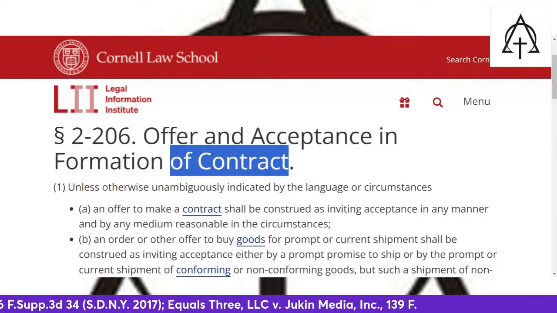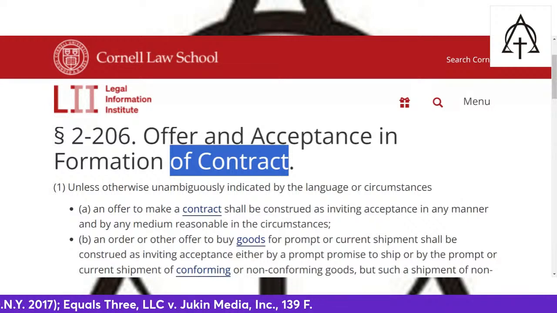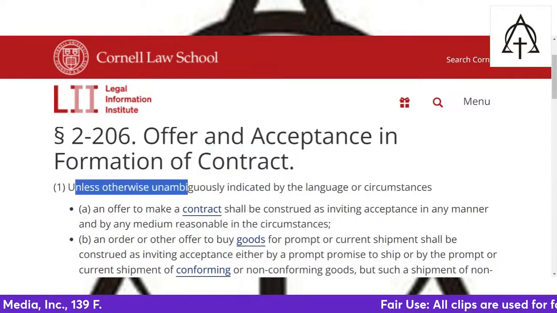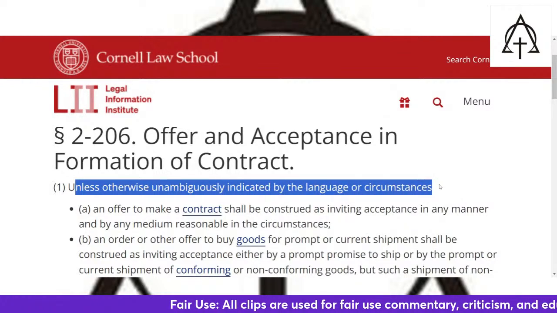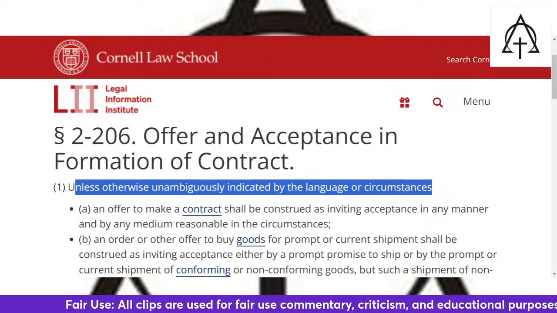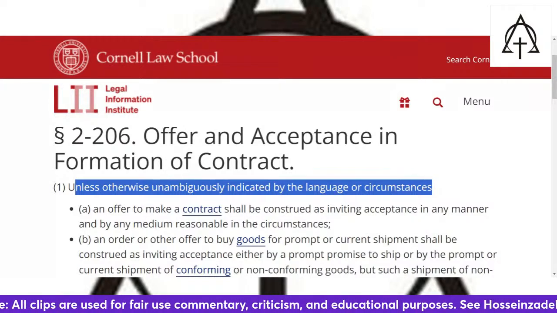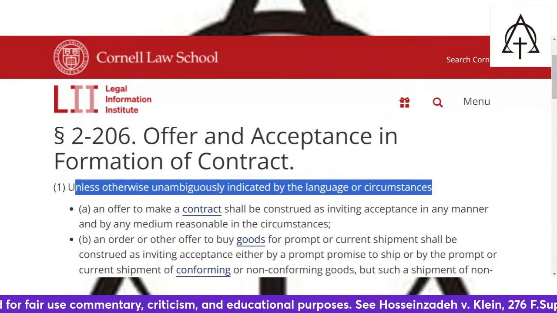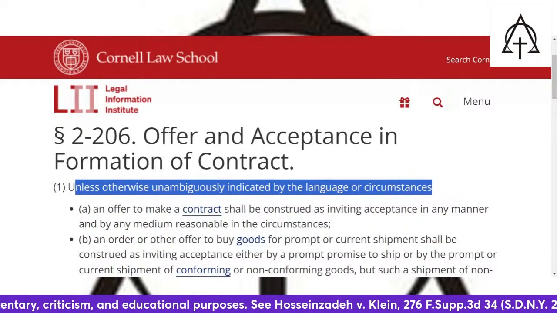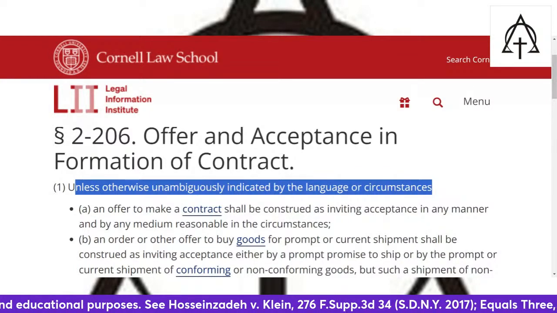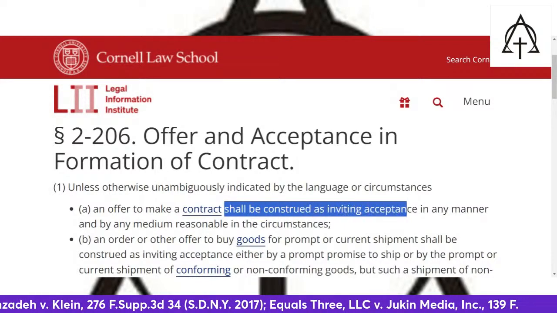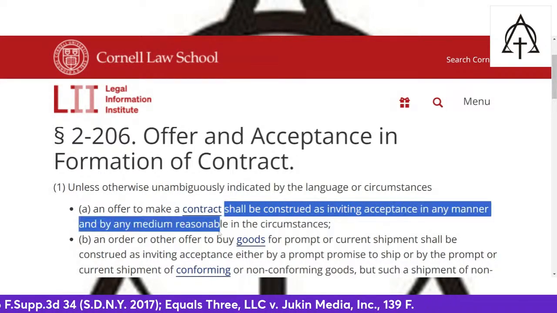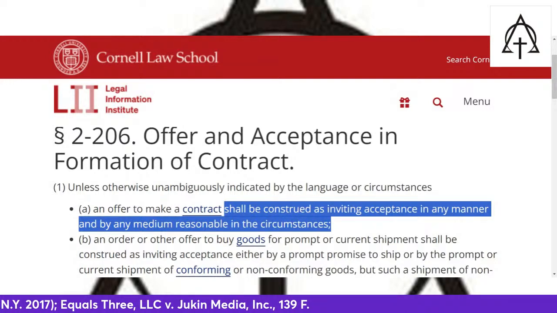Beneficiaries are not required to do anything except accept the benefit, unless otherwise unambiguously indicated by the language or circumstances. Saying that ambiguously, everything is an offer to make a contract, and shall be construed as inviting acceptance in any manner and by any medium reasonable in the circumstances.